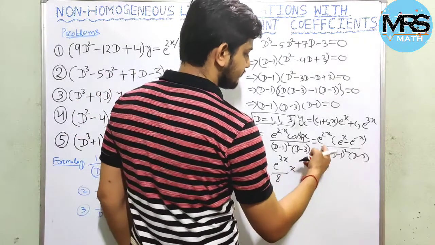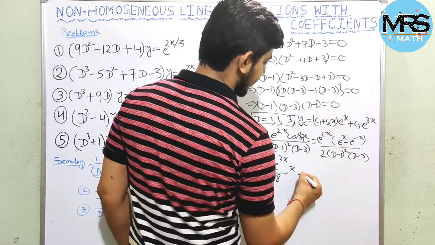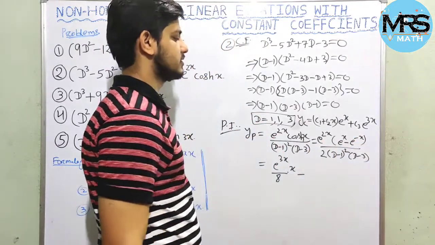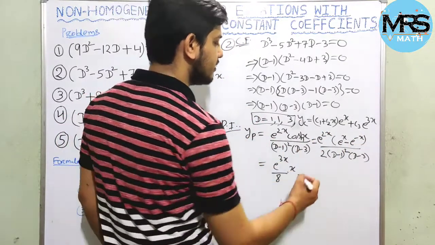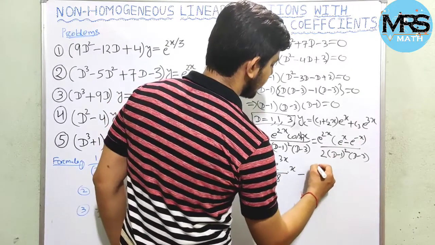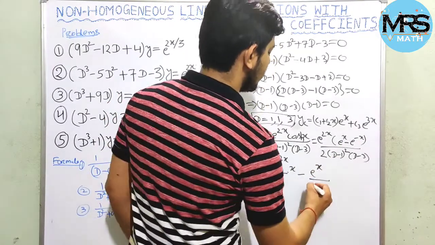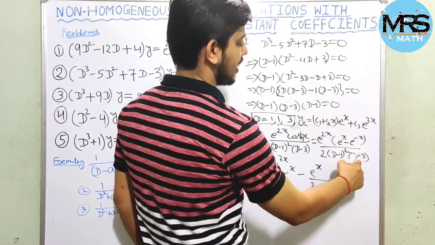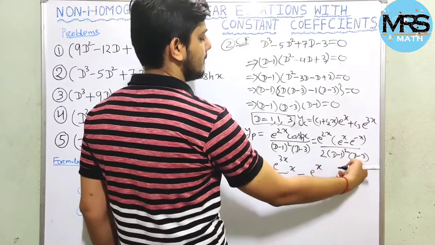So now the other term, plus is there, right? So e to the power 2x into e to the power minus x. So it will combine. What will we get? 2x minus x is e to the power x, divided by 2 into, so this one we can write 1 minus 3, that is minus 2.